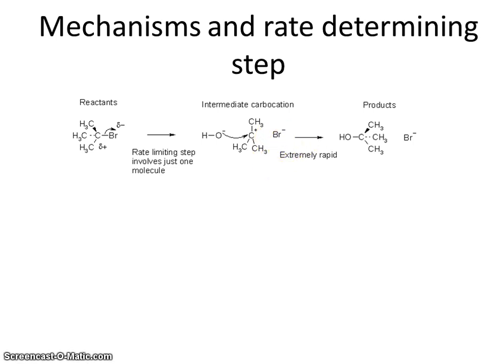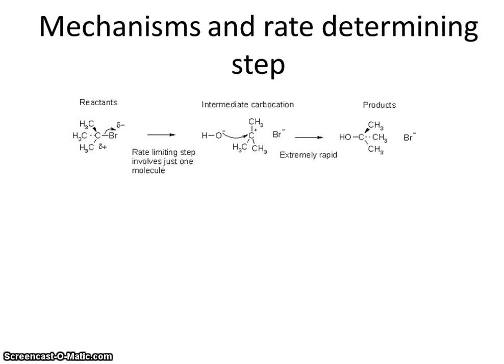See if you can look at the mechanism here and deduce why it is that the second step is likely to be much more rapid than the first. Well, it's to do with the fact that the second step involves attraction between some oppositely charged ions, which is going to be much more straightforward than the first step, which involves the breaking of a bond and will therefore only happen when there's collisions between molecules that possess really quite a lot of energy.